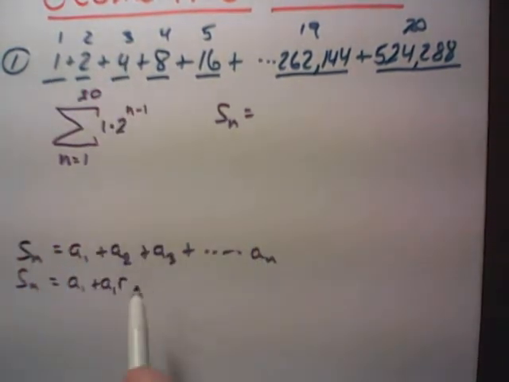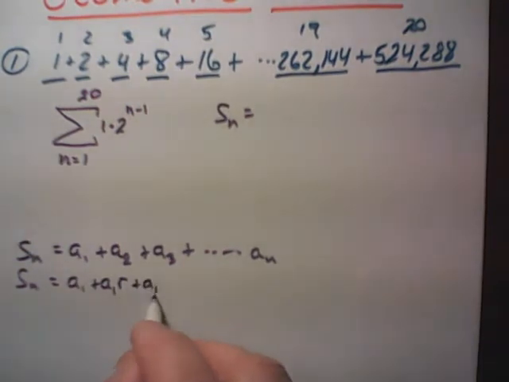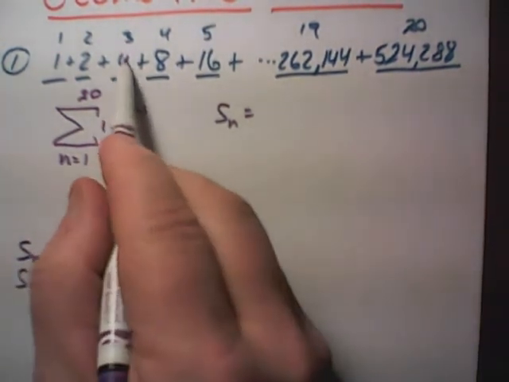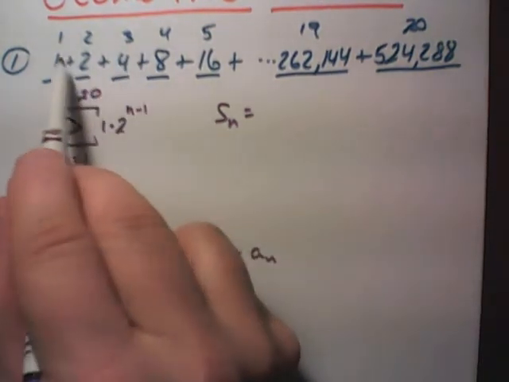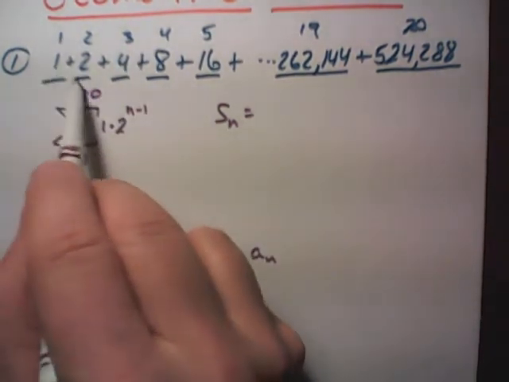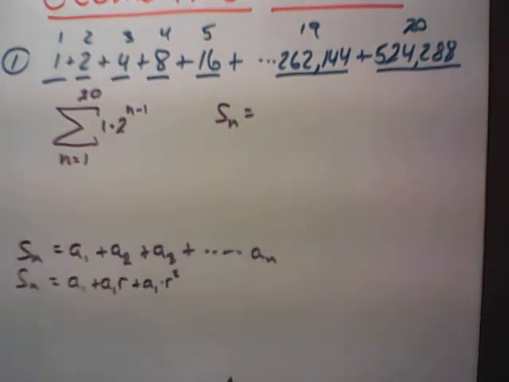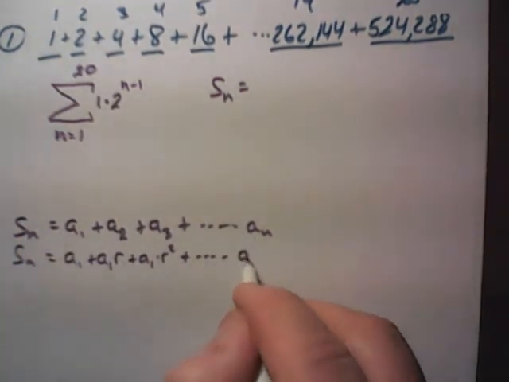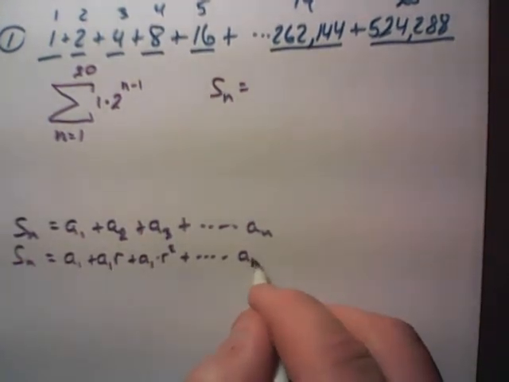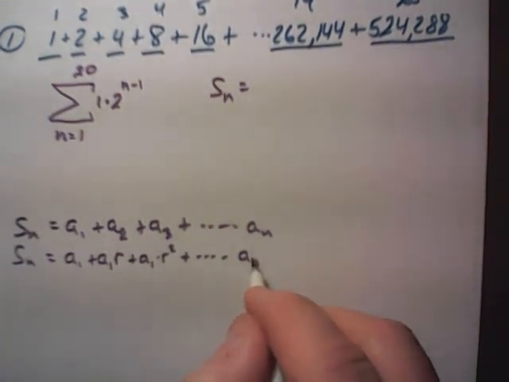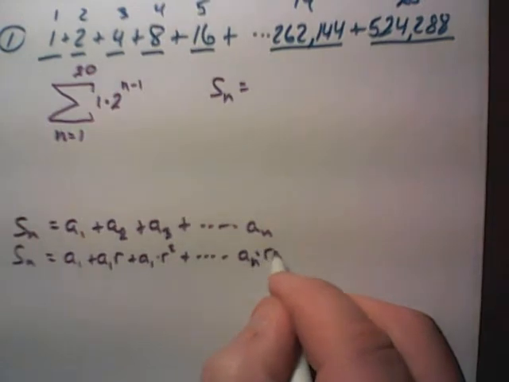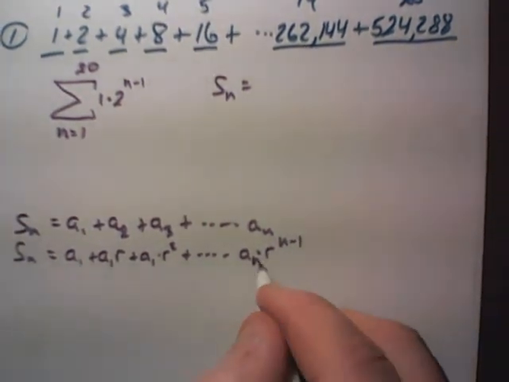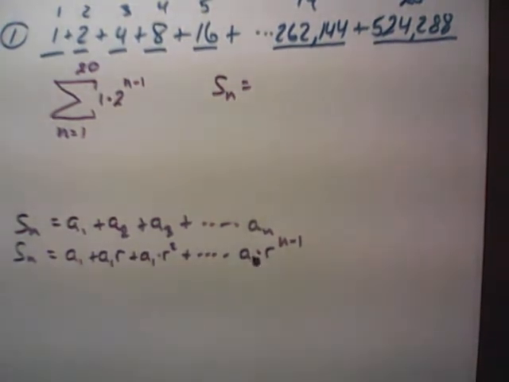The third term is the first term times the ratio squared, because the third term is 4, but I could find it by starting with 1 and multiplying by the ratio twice. I can do that with all of these terms until the very last term, which is a sub 1 times the ratio n minus 1 times. That should be a sub 1, not n.